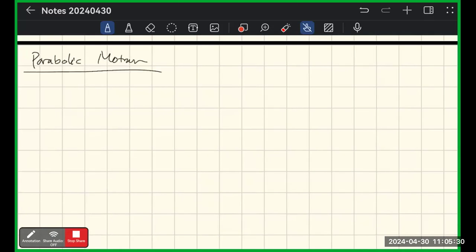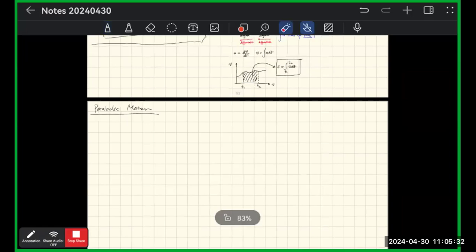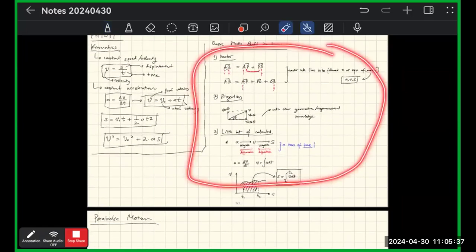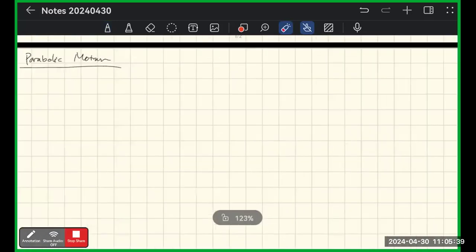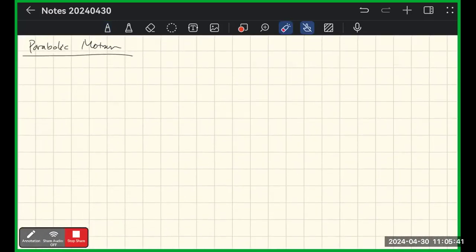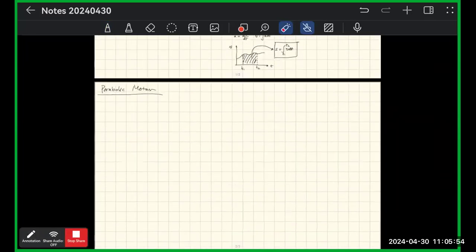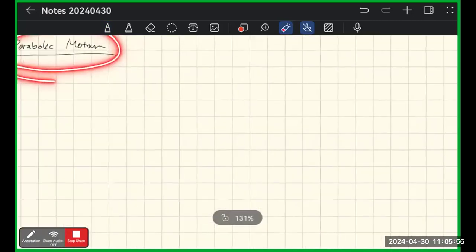This parabolic motion is just part of kinematics, but it often comes out in the quizzes and on the final exams. So if you just want to pass the courses, you can skip all of the understanding and just jump into the parabolic motion.